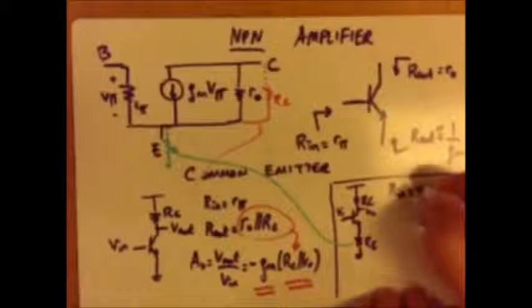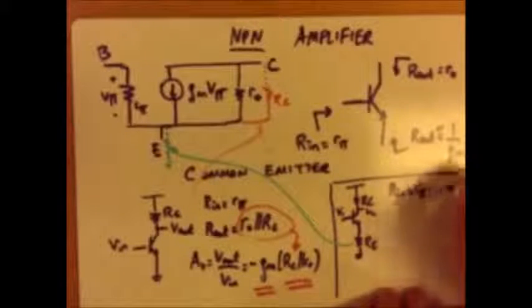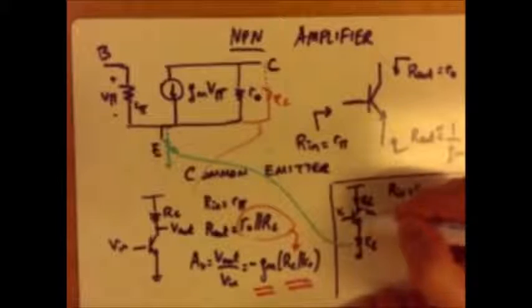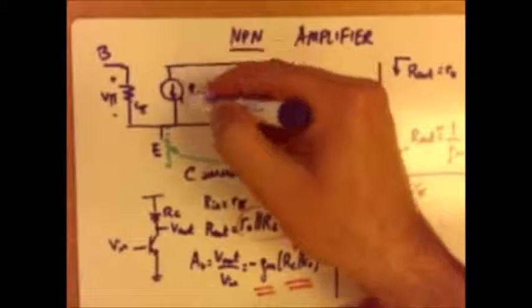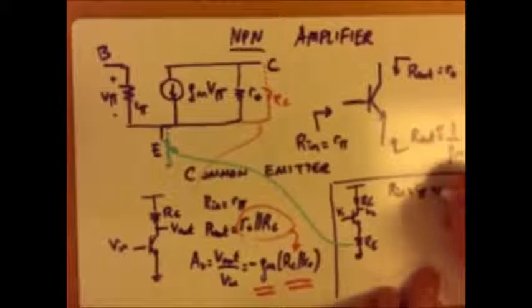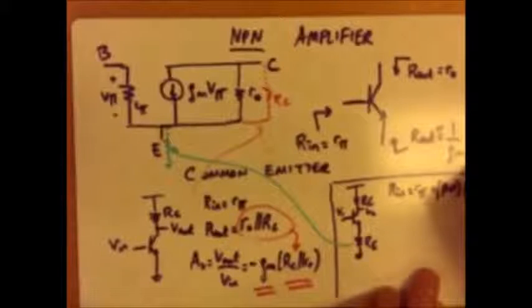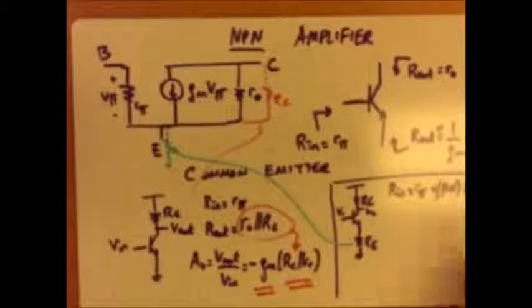It would be r pi plus RE, not just plus RE, because we have the current gain here, the current is adding here, it's going to be (beta plus 1) times RE. So that is your input resistance.